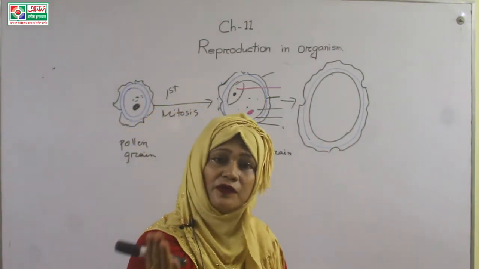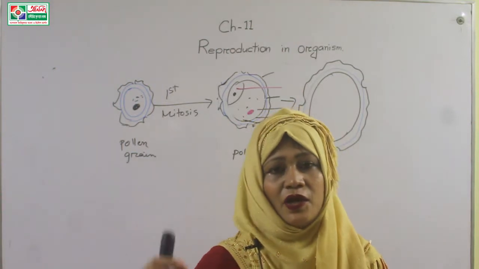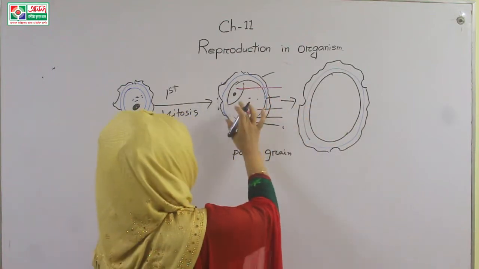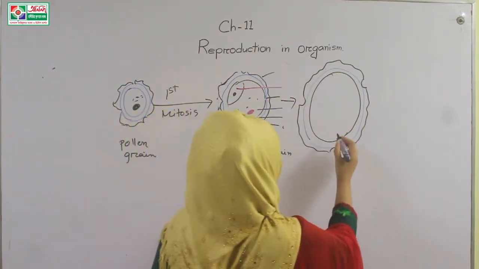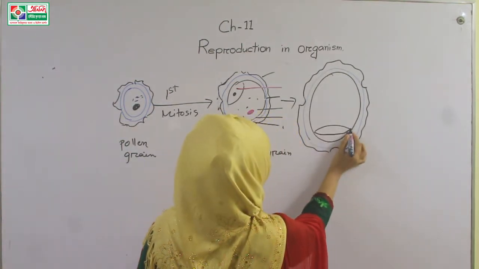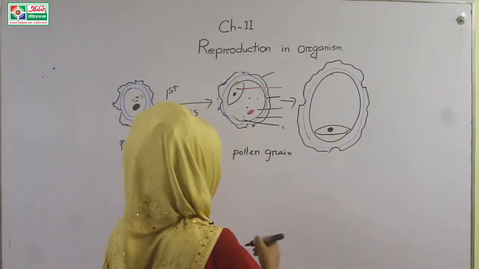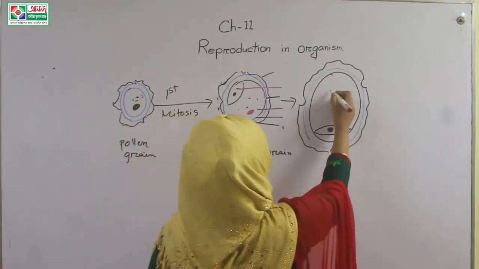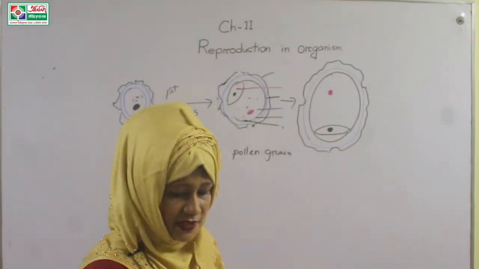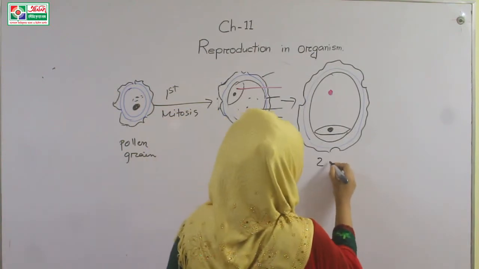Number 1, before pollination in the anther, and number 2, after pollination on the stigma. Sooner or later, the generative cell will come close to the germ pore, and it will take a spindle shaped structure. This is the vegetative cell. The vegetative cell is larger in size and the generative cell is smaller in size. This is a two cell structure.